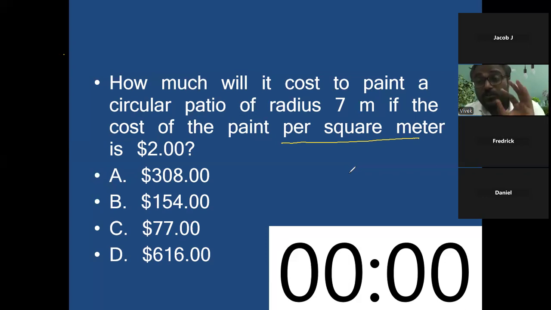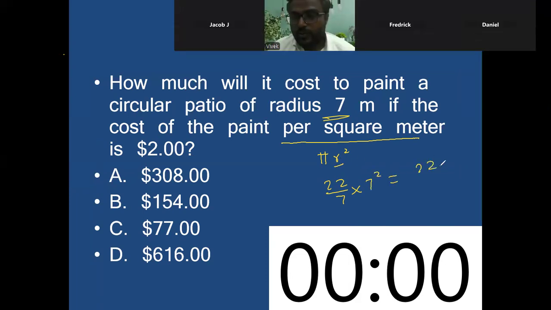So you need to find the area. So now let's say the radius is 7, so what we need to do now? Find the area, pi r square. I have told you before, you can use the value of pi as 22 over 7 or 3.14. The radius is 7 square over here.